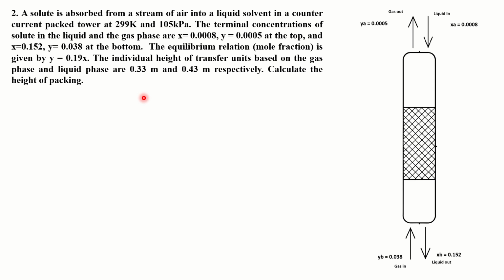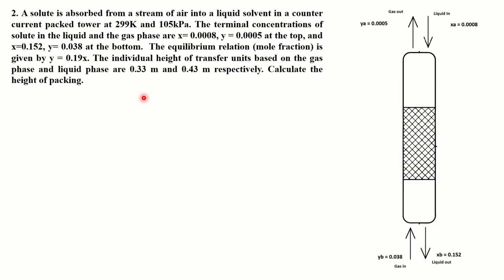The equilibrium relation in terms of mole fraction is given by Y is equal to 0.19x. The individual height of transfer units based on the gas phase and liquid phase are 0.33 meter and 0.43 meter respectively. Calculate the height of packing.